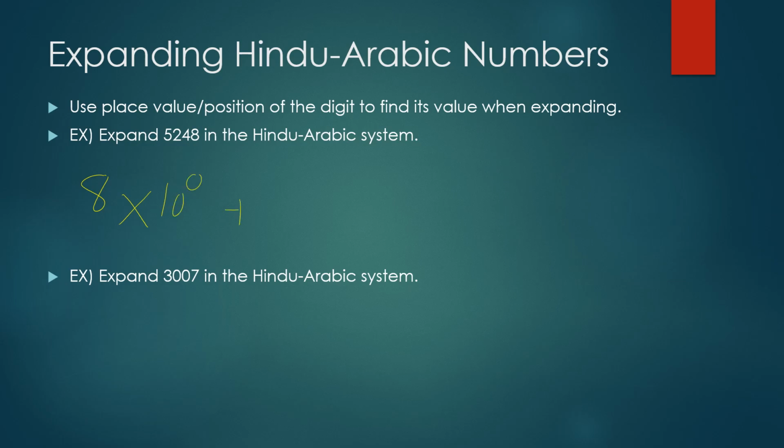But now I need to add the 4, which is in the 10 to the first power spot. Then I'm going to add the 2, which is in the position of 10 squared. And then I'm going to add the 5 in the position of 10 cubed.